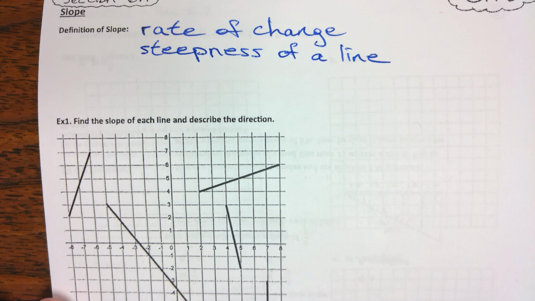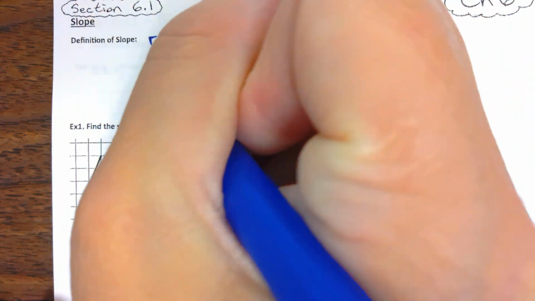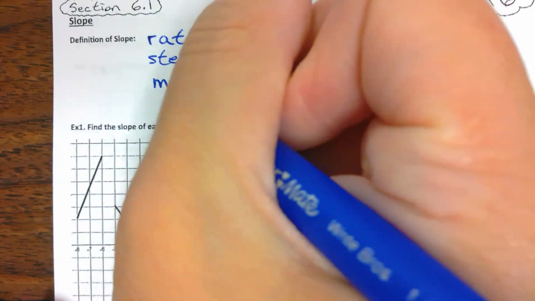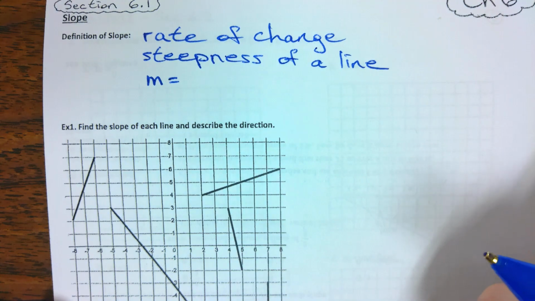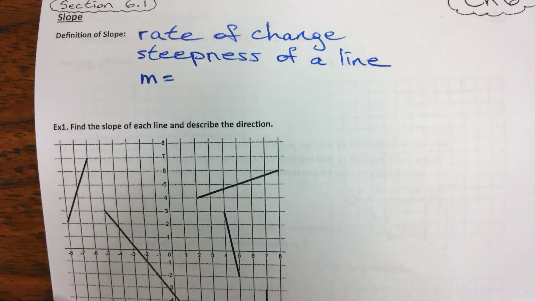Okay, so the rate of change, the steepness of a line. What letter do we use to represent slope? Yes, M, right. You can really see the letter M in the spelling of slope, right? M equals, okay, there's a couple of formulas for slope. If you're given a graph, you can use, yeah, Claire? What do you think?